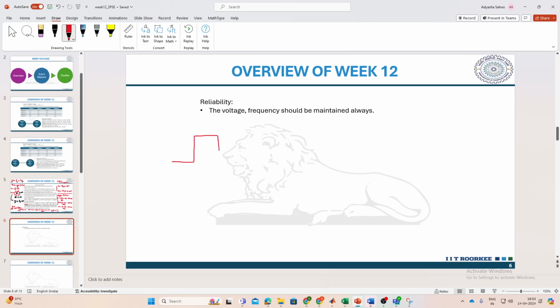With respect to time, and this is the state. So 0 means it is off, 1 means it is on.